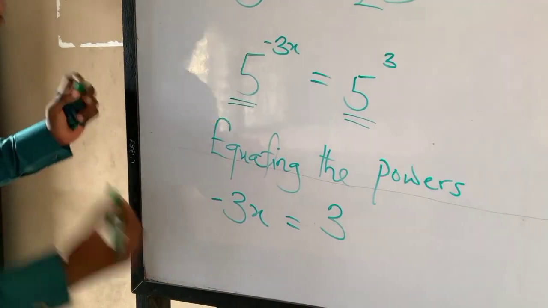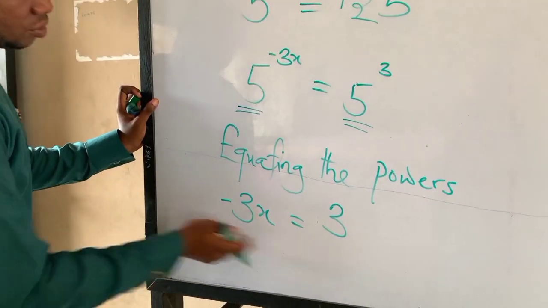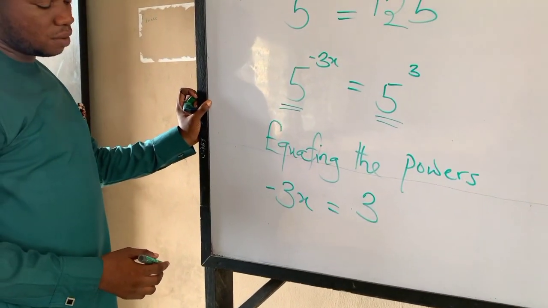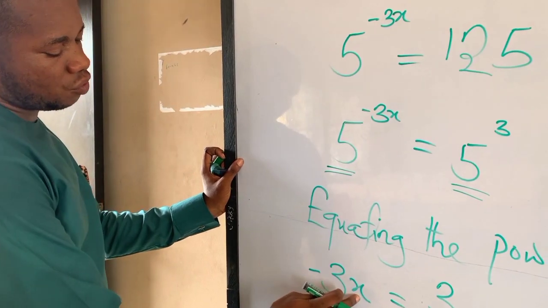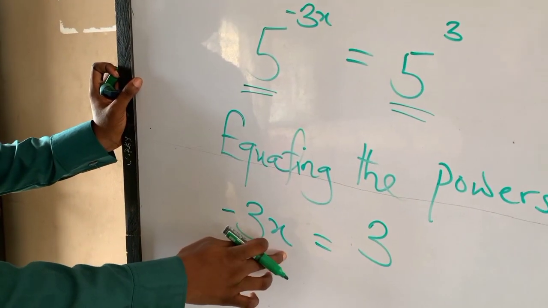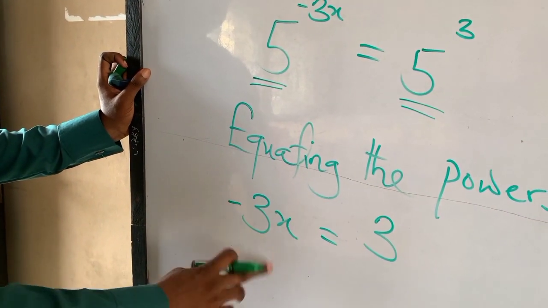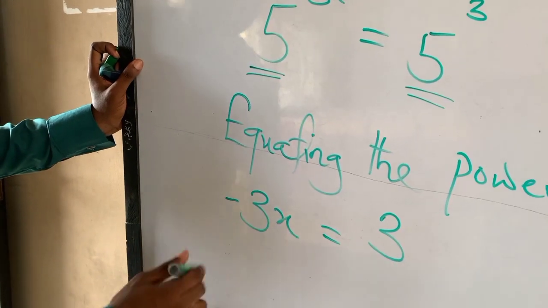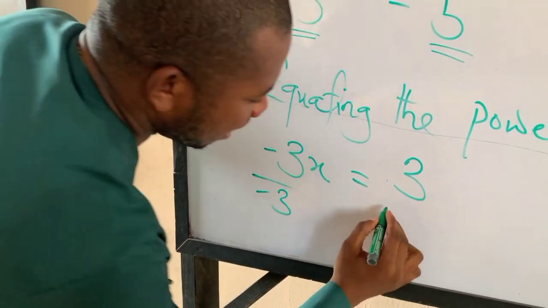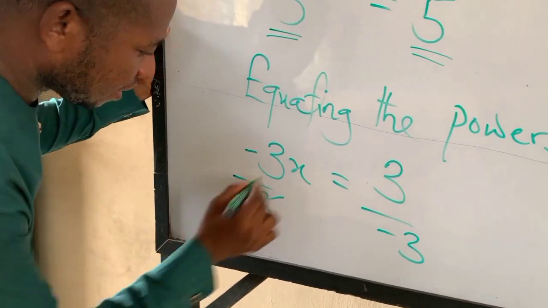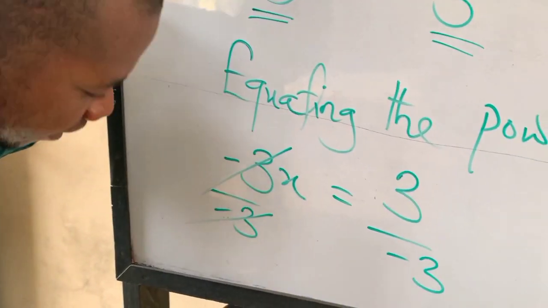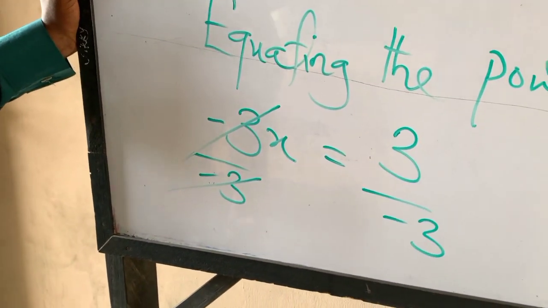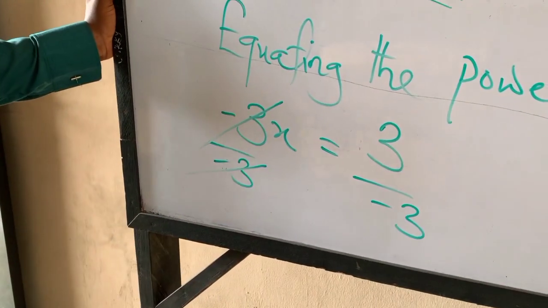So what do we do at this point in time? We divide both sides of the equation by the coefficient of x. What is the coefficient of x? Coefficient simply means attachment. So what is attached to x is -3. So we divide everything by -3. -3 cancels -3. We are left with x.